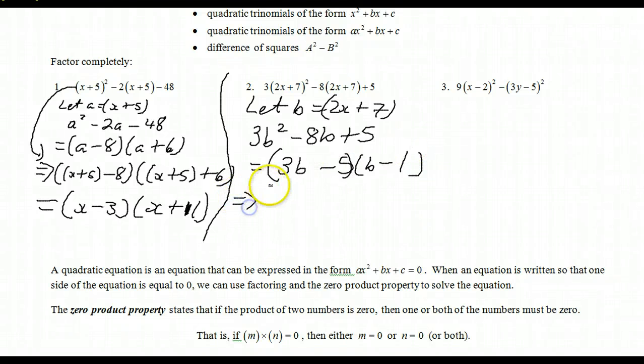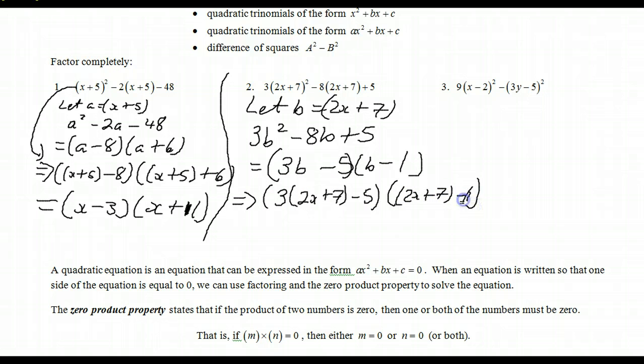Again, do the check. So b is 2x plus 7. Keep that in brackets because I've got to multiply it by 3. And b, again, 2x plus 7. Just get in the habit of putting it in brackets so that if there is something in front, it'll make life much easier. So 6x plus 21 minus 5 will be 6x plus 16.